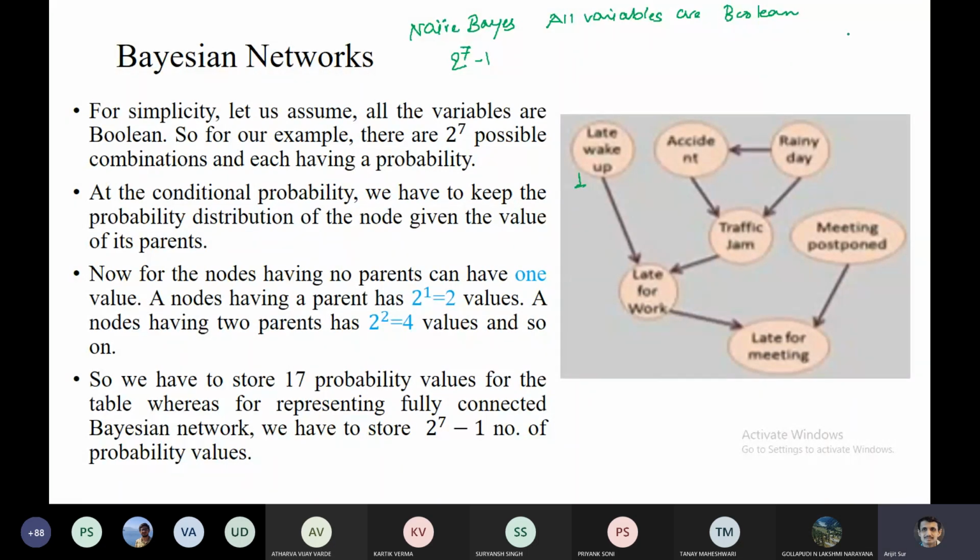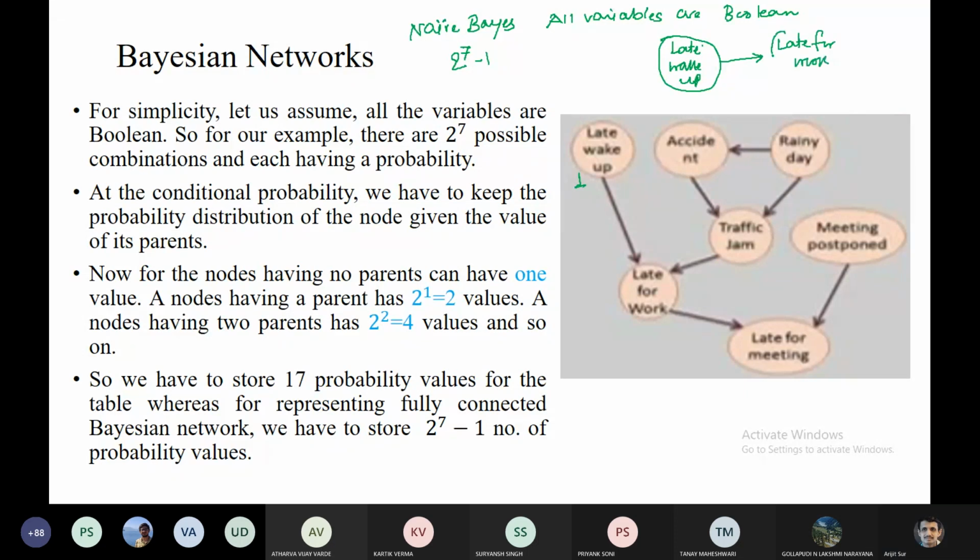Let me take some causal relationship here. If you consider only these two variables, late wake up is one node, and that may influence late for work.